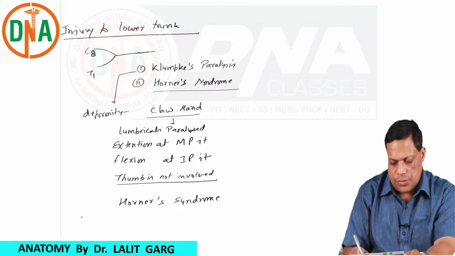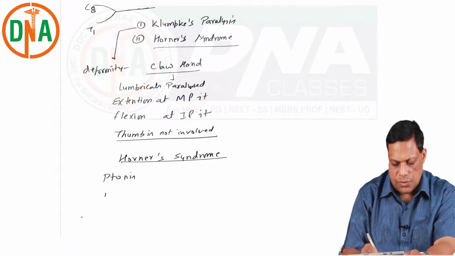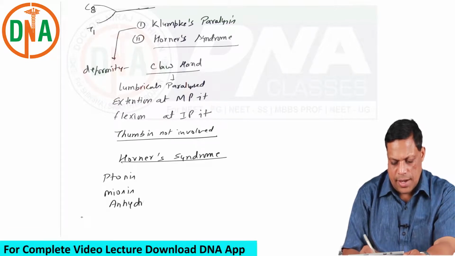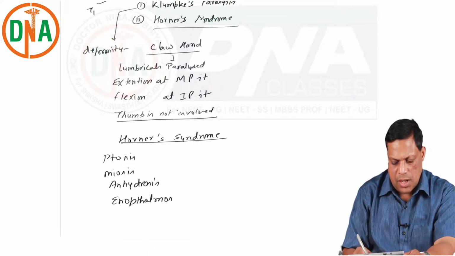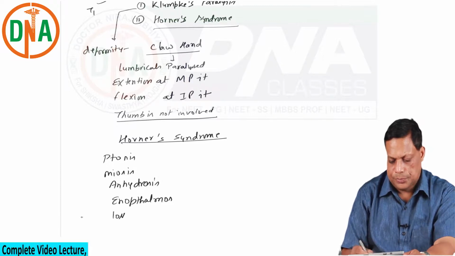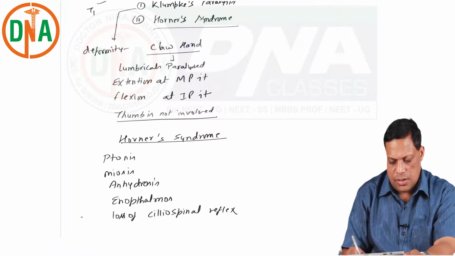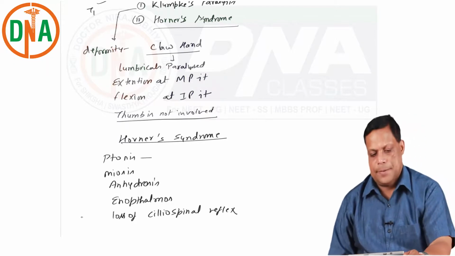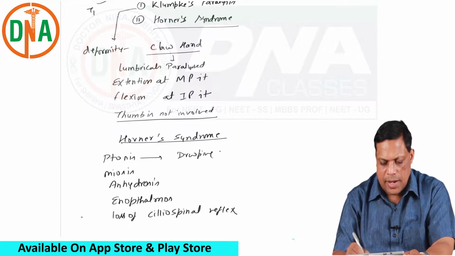The features of Horner syndrome are ptosis, miosis, anhidrosis, enophthalmos, and loss of cilio-spinal reflex. So ptosis means drooping of the upper eyelid.